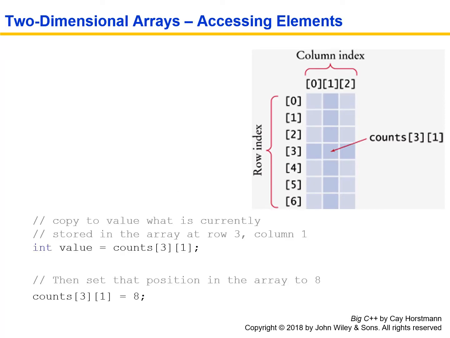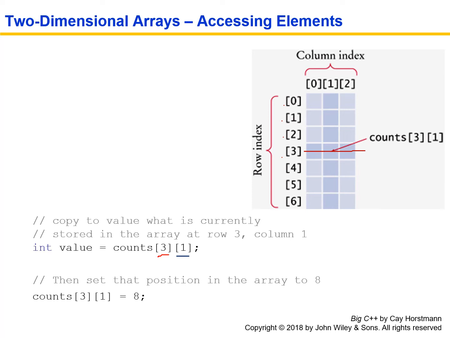Okay. Now, how do we access an element in the array? As you might expect, we just put an index in square brackets for the row and then again for the column. So 3 finds us 1, 2, 3, 0, 1, 2, 3.